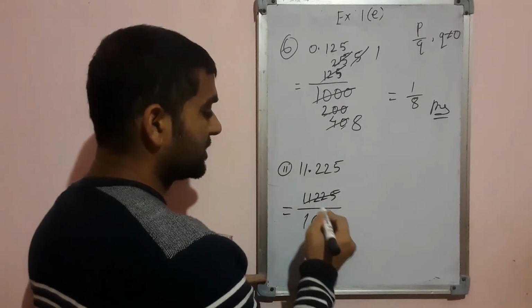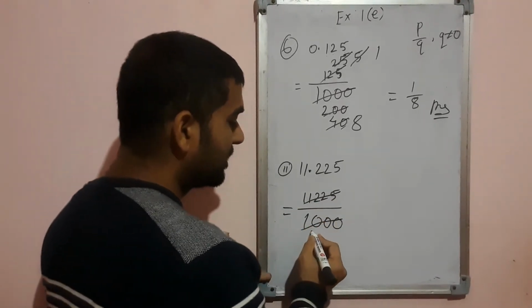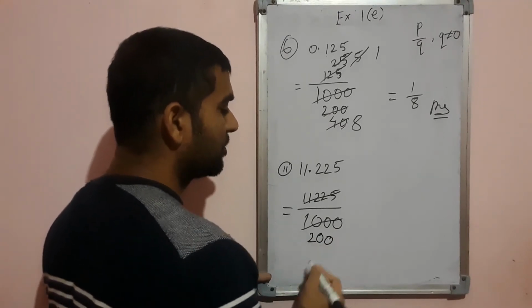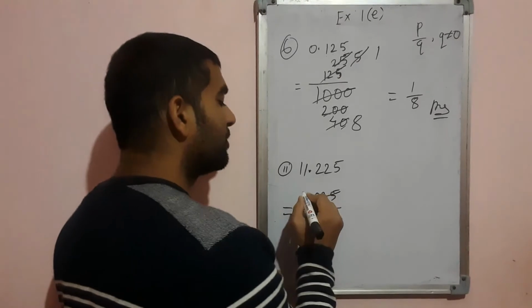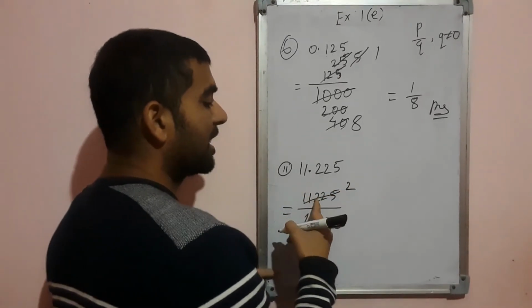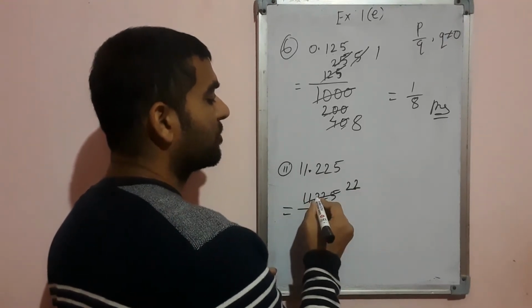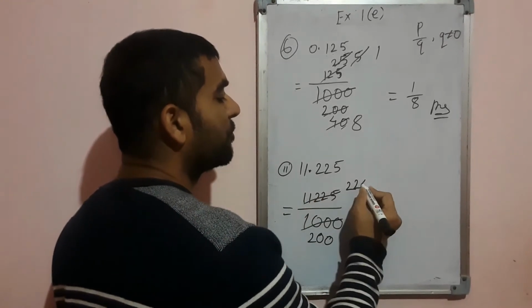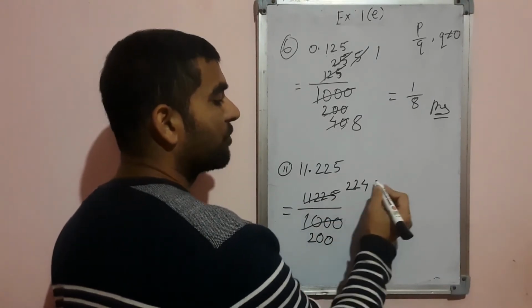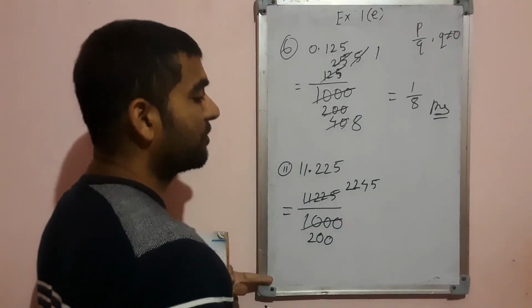Now we start cancelling. Cancel with 5 first. How much are you getting? 5 2s are 10. 2 0 will put 2 0. Here cancel with 5. How much will you get? 5 2s are 10. 11 minus 10, 1. Again 5 2s are 10. So 12 minus 2. So 5 4s are 20. 22 minus 22. So we will get here 5. 5 5s are 25.